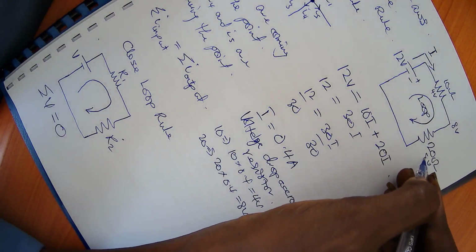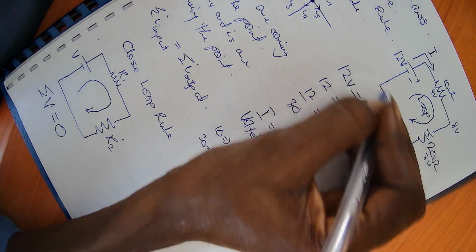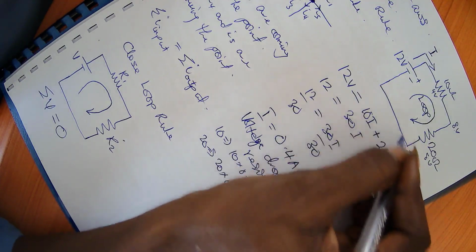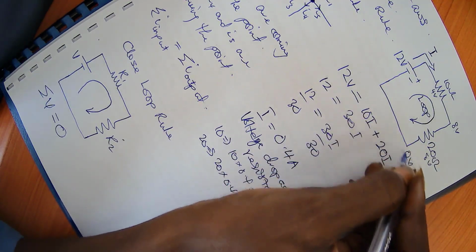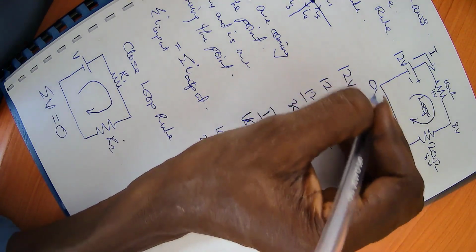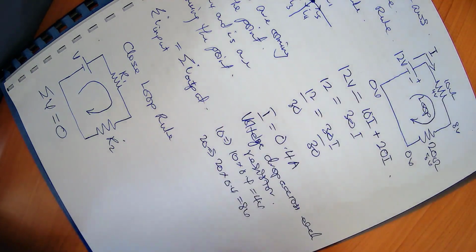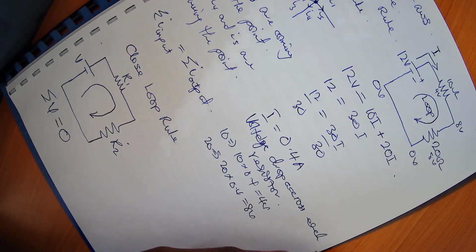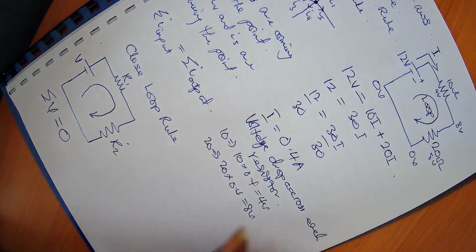So if you take this 8 away from this 8, you're going to have 0 volts. There is no load over here, so there is no loss in voltage here. So you can see that the sum of the voltages in the loop is 0, as stated by the closed loop rule.